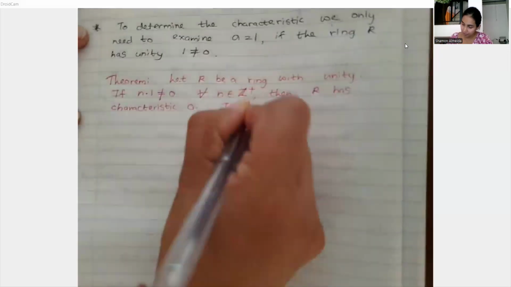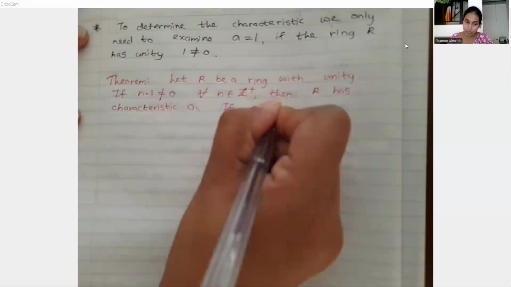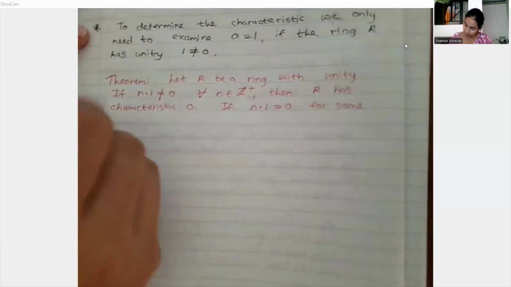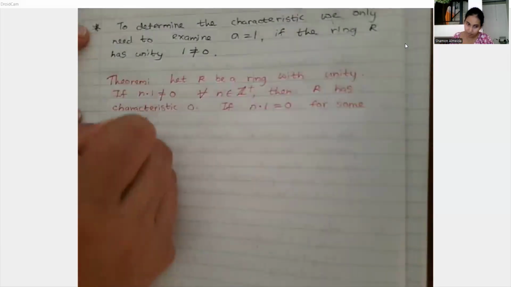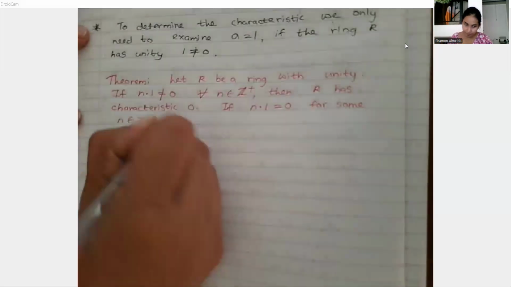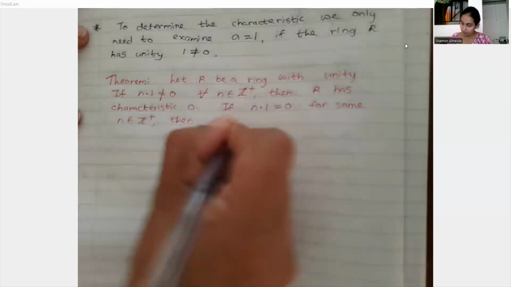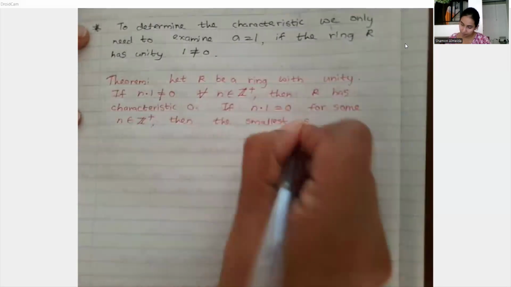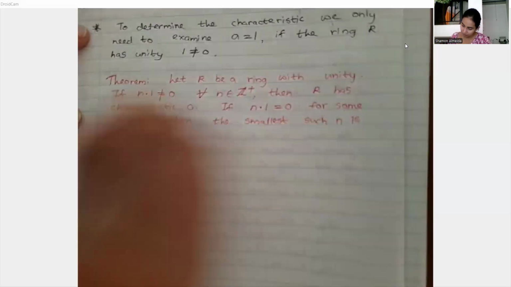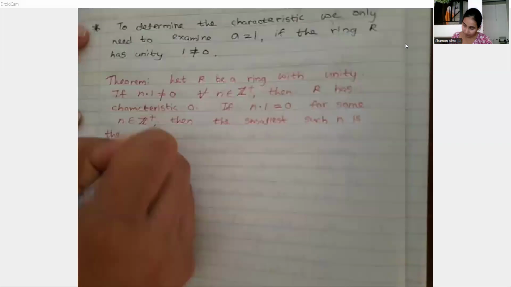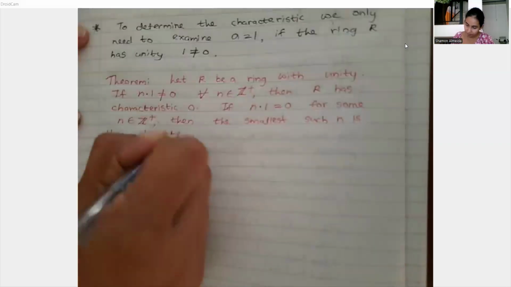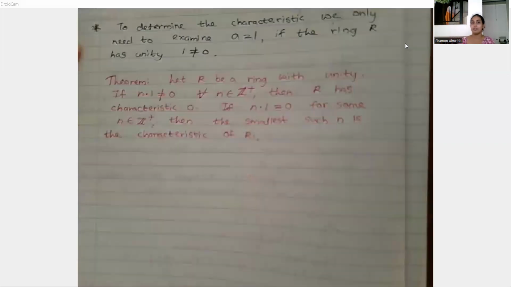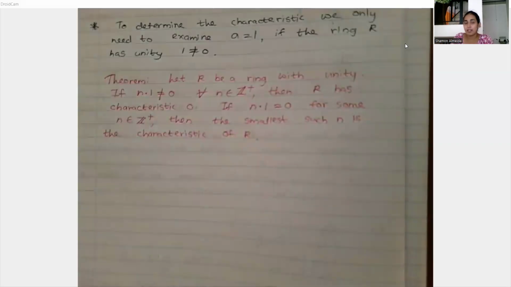If n times 1 is equal to 0 for some positive n, then the smallest such n is the characteristic of R.